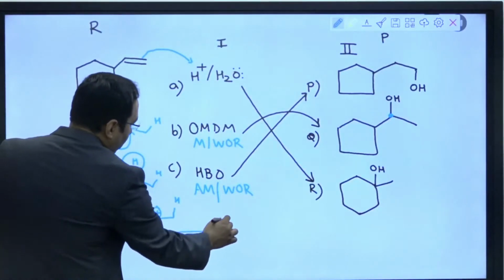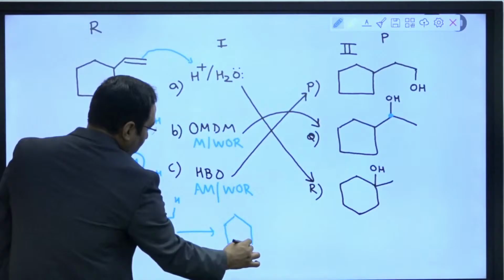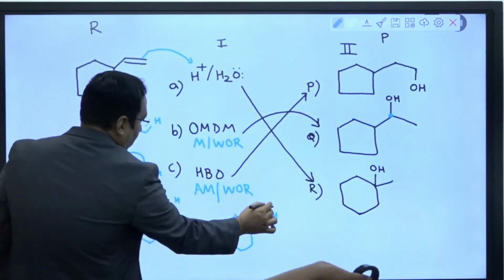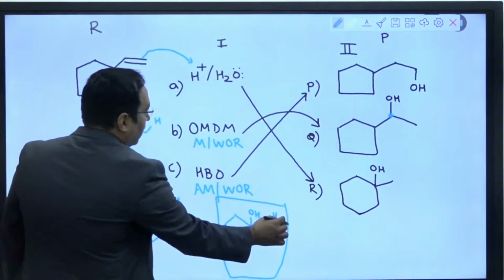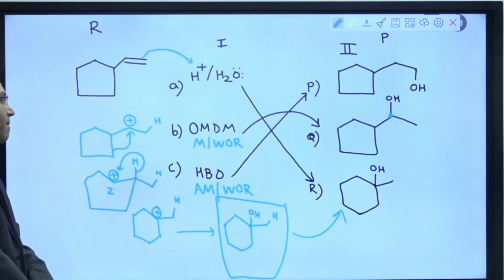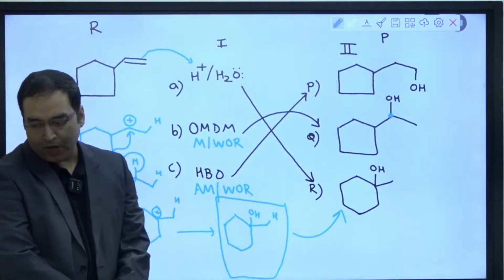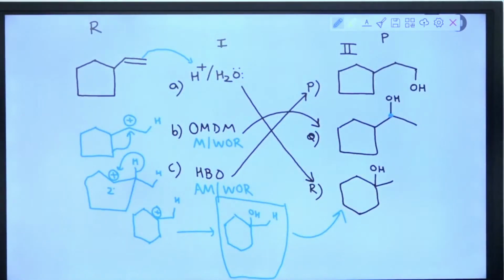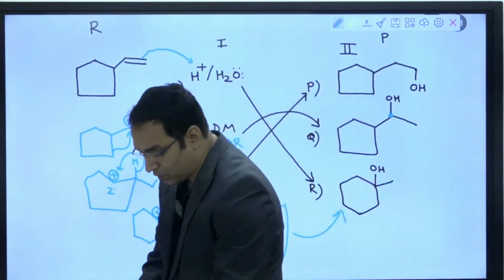Water will attack on this. So what's the final answer? Which is drawn here. कर लेंगे? Any problem with this part? So ऐसे questions आप attempt कर सकते हो. Is that okay? Okay, let's proceed further.